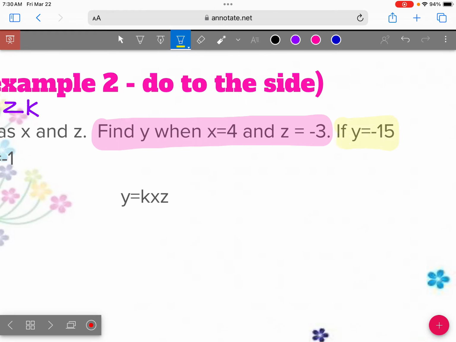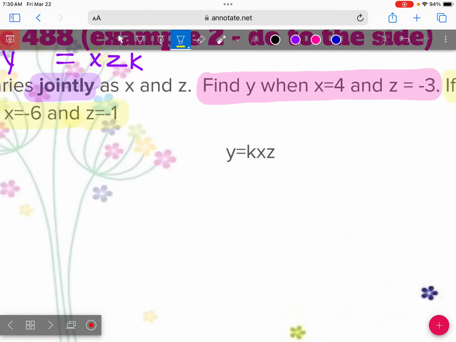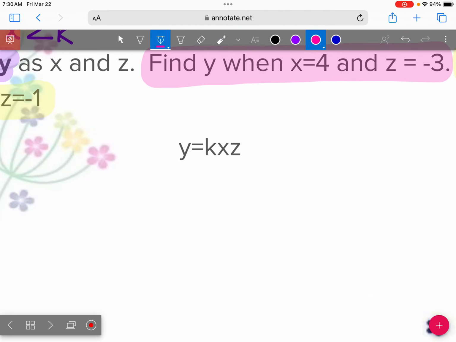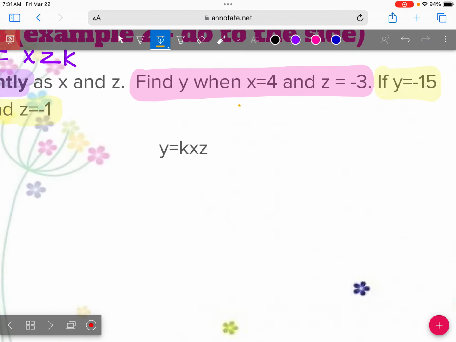We're told that originally we know y equals negative 15, x equals negative 6, and z equals negative 1. So we start with the trio that I know. Those three work together. My negative 15, negative 6, and negative 1 are one unit. So we start with putting those pieces in in order to figure out what k is.